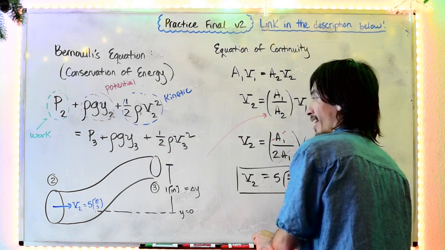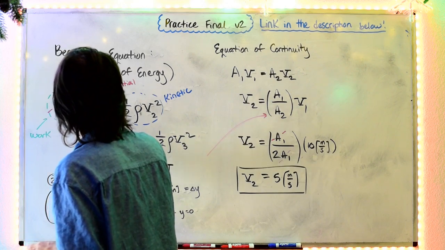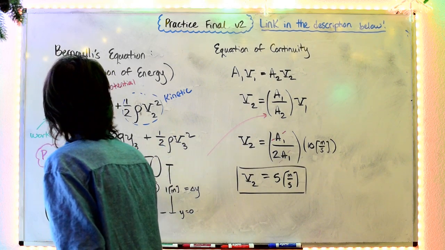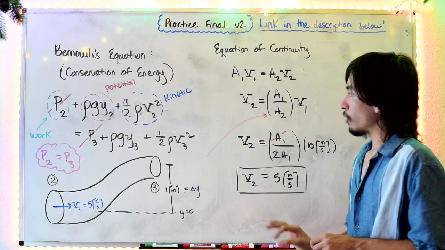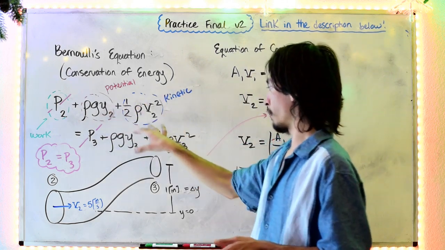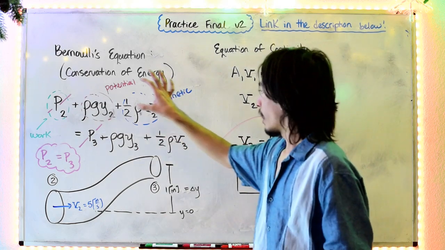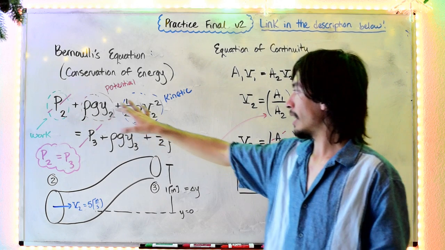So the pressure 2 and the pressure 3 just drop out because P2 equals P3. Now with those canceled out, all you have left are 2 terms on both sides, and something common to all of them: the density of the water.